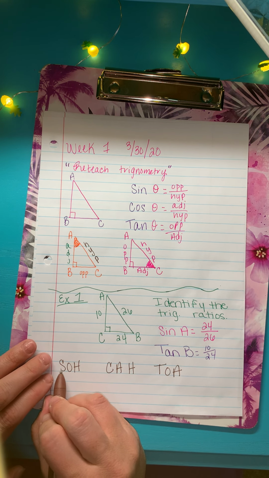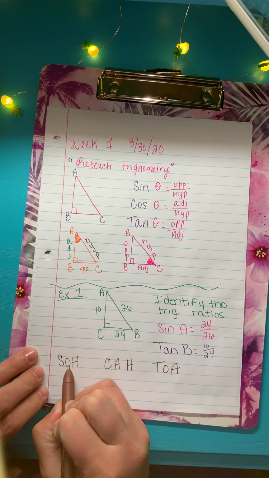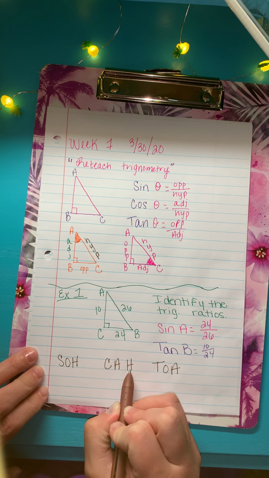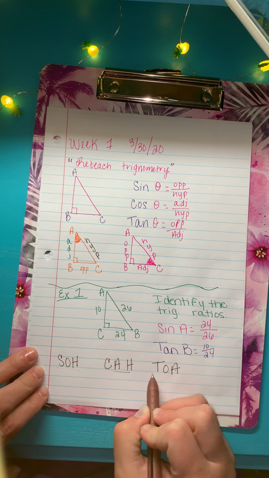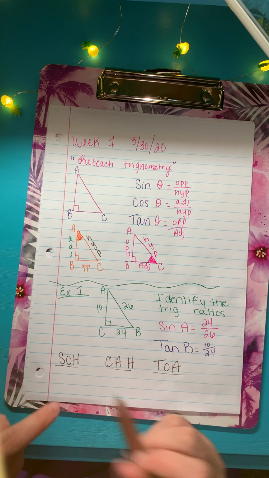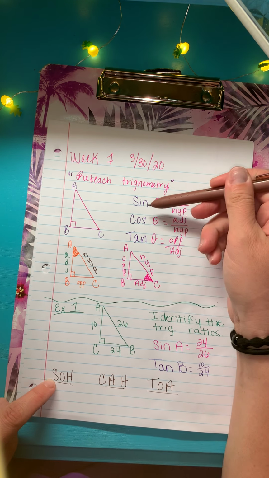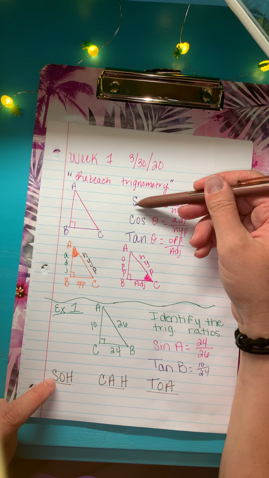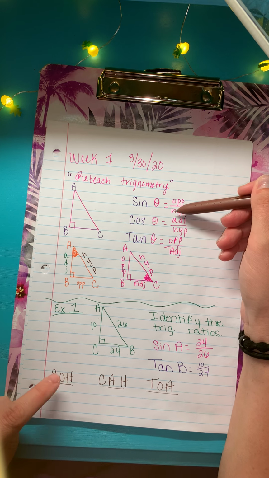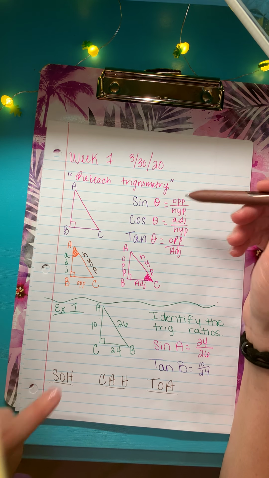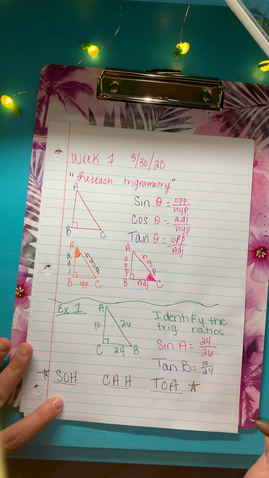Sometimes people assign words so they remember how to spell this. So some people say some old horse caught another horse, taking oats away. Just helps you to spell out these three little words here. The letters represent, up at the top, sine, opposite, hypotenuse. It tells you which order it goes in. So this is a big help. You might try to memorize that if you haven't already done so.